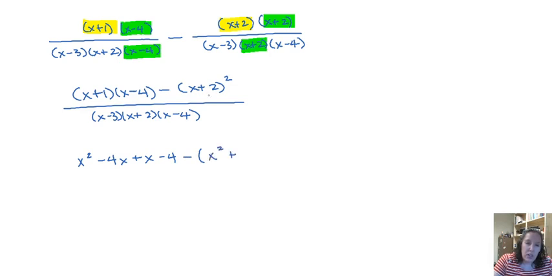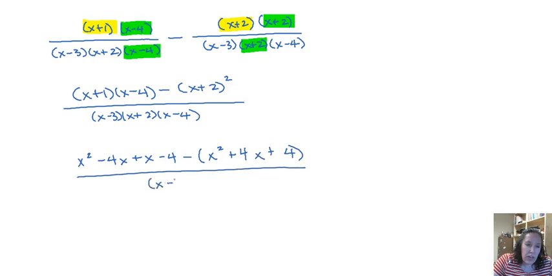x squared plus 2 times x times 2 will give us 4x plus 2 squared is 4, all over that common denominator. Don't lose your denominator. And we need to distribute the negative.